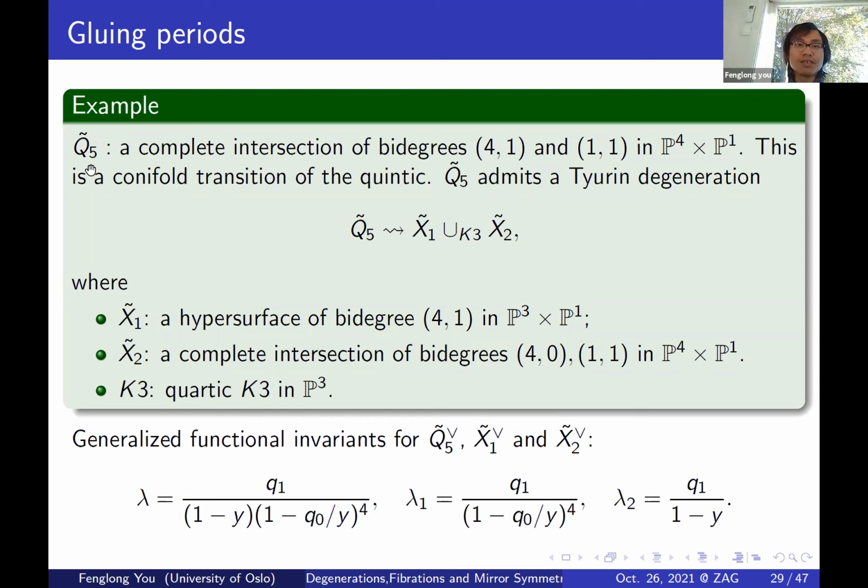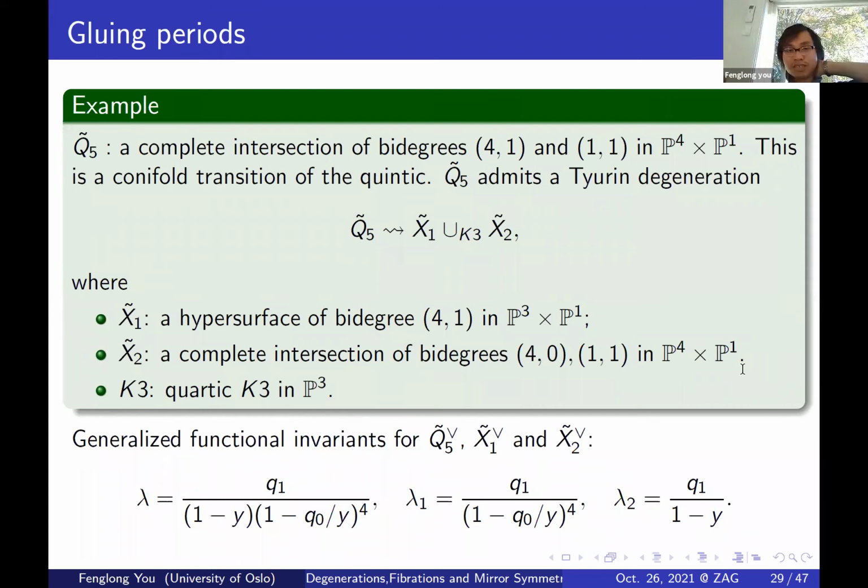If we consider this Calabi-Yau threefold Q5 tilde, which is a complete intersection of degrees 4, 1, 1, 1 in P4 cross P1, this is actually a conifold transition of the quintic, and this has a degeneration into two pieces. So X1 tilde is a hypersurface of degree (4,1) in P3 cross P1, and X2 tilde is a complete intersection of degrees 4, 0, 1, 1 in P4 cross P1.